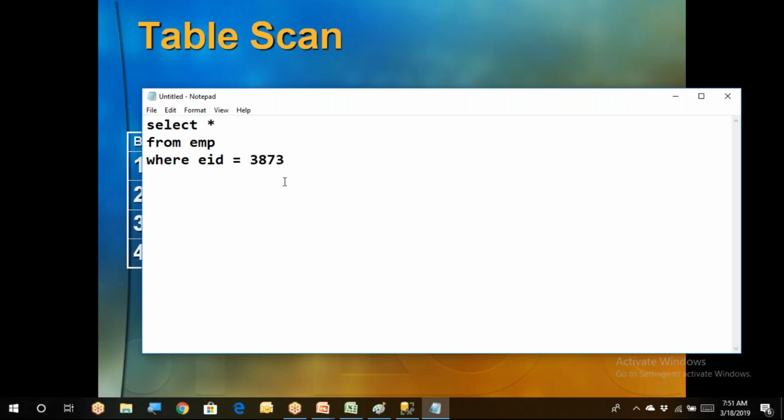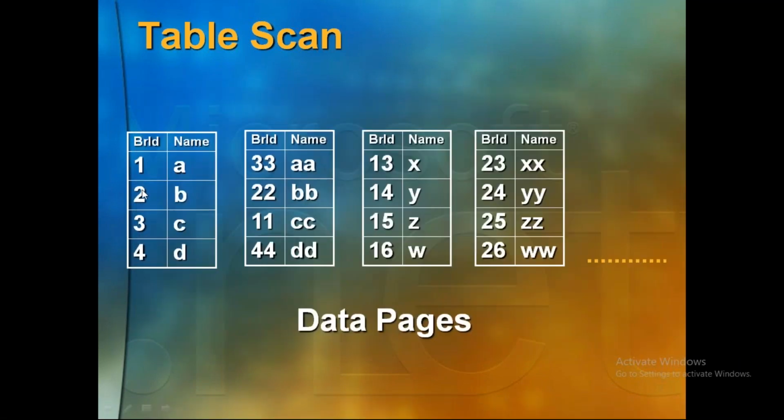So SQL Server will go row by row. Is it 3827? No. Is it 3827? It is going to verify from the first row to the last row. When it is verifying row by row, that is what is called a table scan. A table scan is a very slow operation.